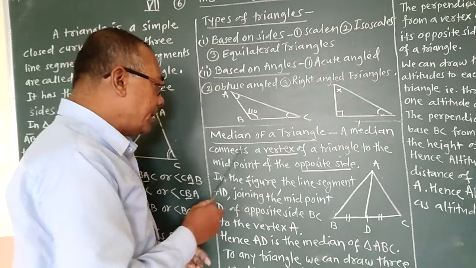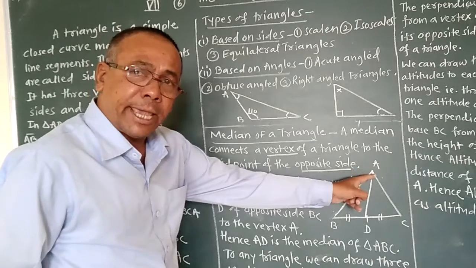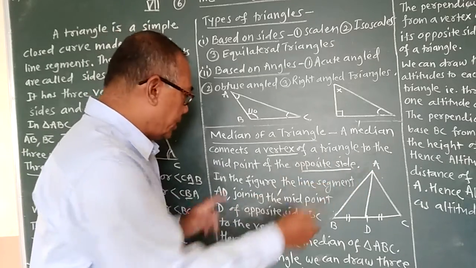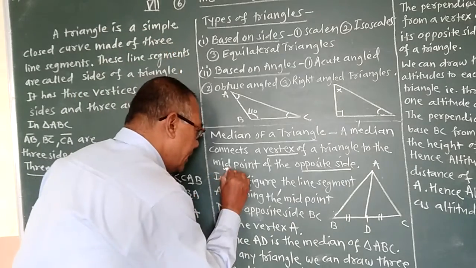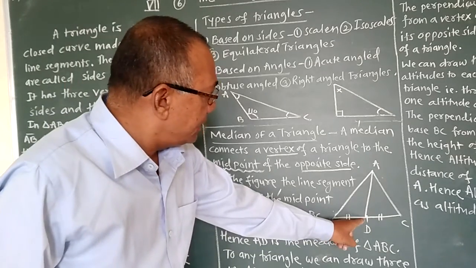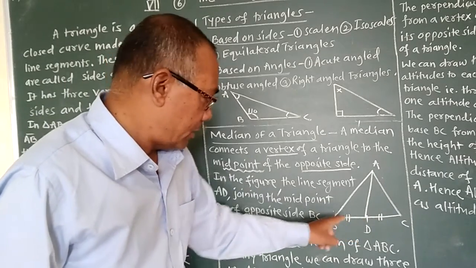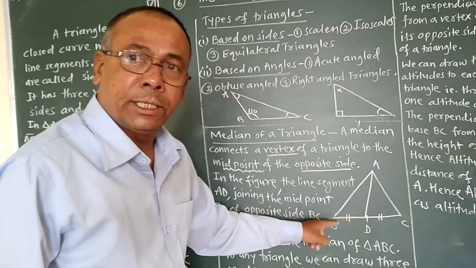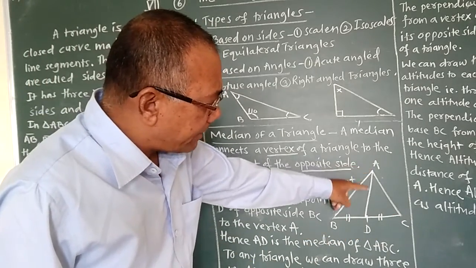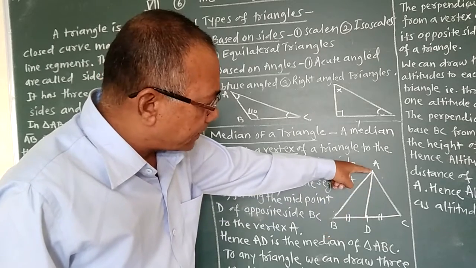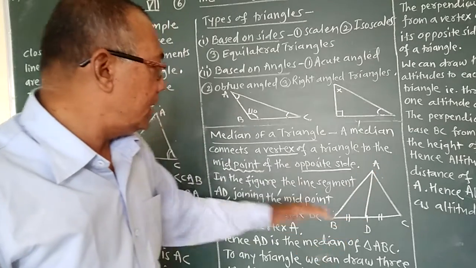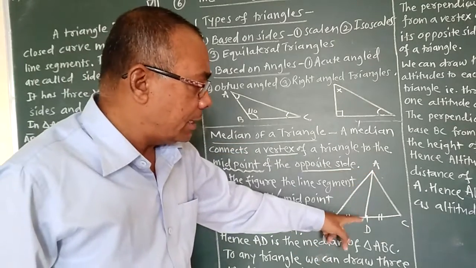Understand? Now the median connects a vertex of a triangle to the midpoint of the opposite side. Here D is the midpoint of BC, and therefore the line segment AD, which connects the vertex and the midpoint of the opposite side, is called the median. So AD is the median.